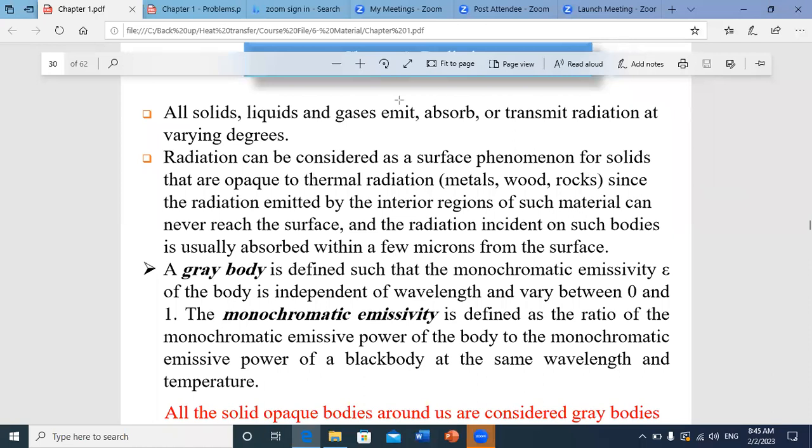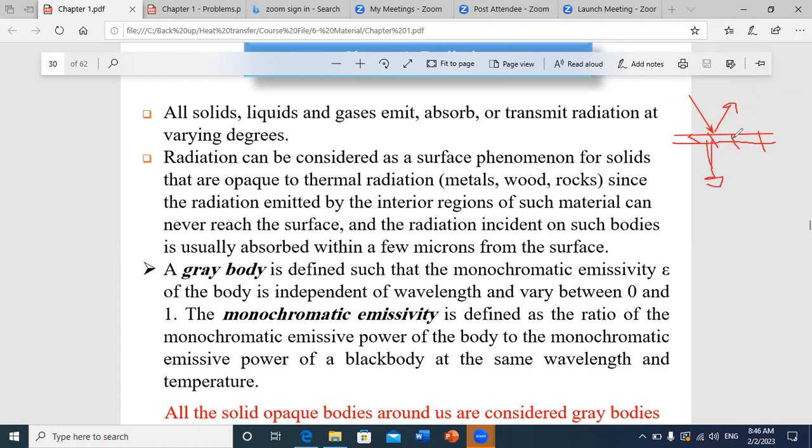What we mean by this is, whenever they receive a certain radiation flux from hot surfaces, for example, this received flux will be decomposed mainly into two parts. One that will be reflected, so that will not enter the material. Another one that will be absorbed. But the absorbed part will be trapped within a thin layer of the surface. It will not be transmitted to the remaining part of the solid.